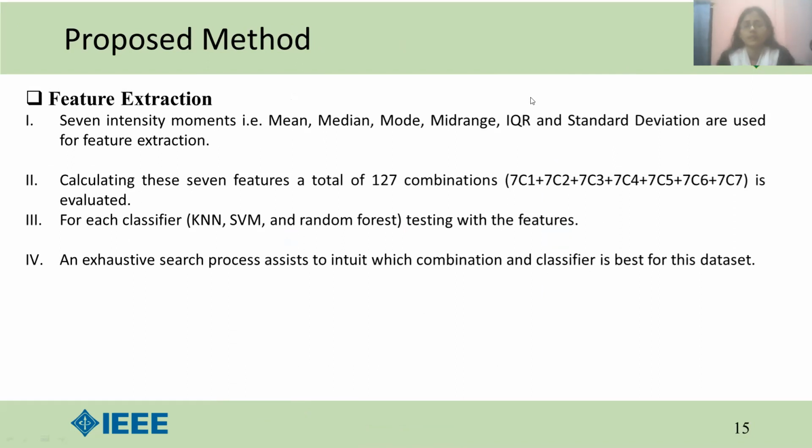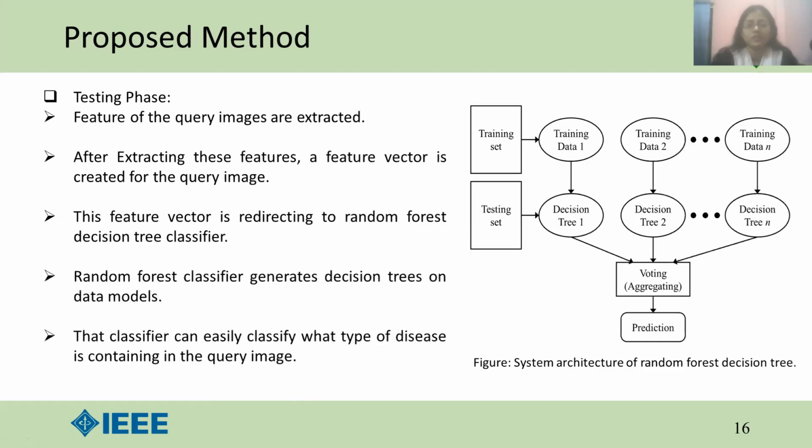Previously I explained the exhaustive search process. Here the 127 combinations are applied to find which combination is best for which classifier. And next, the testing phase: the features of the query image are extracted. After extracting the features, a feature vector is created.